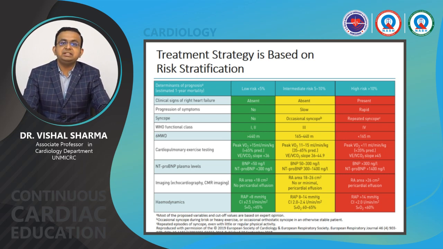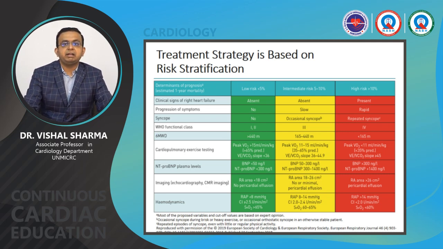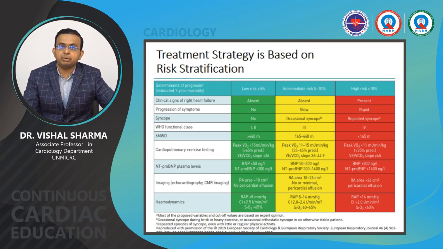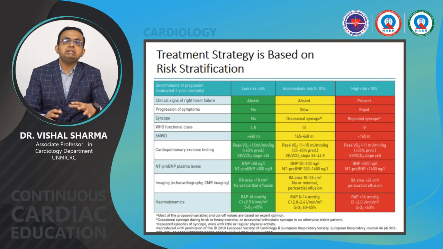So you have these 12 points which can be divided into 3 major categories: the clinical condition of the patient, the exercise capacity of the patient, and RV function of the patient as assessed by cardiac markers or MRI or right heart catheterization. These 3 main categories, as assessed by 12 main points, can really stratify the patient into either low risk, intermediate risk, or high risk.